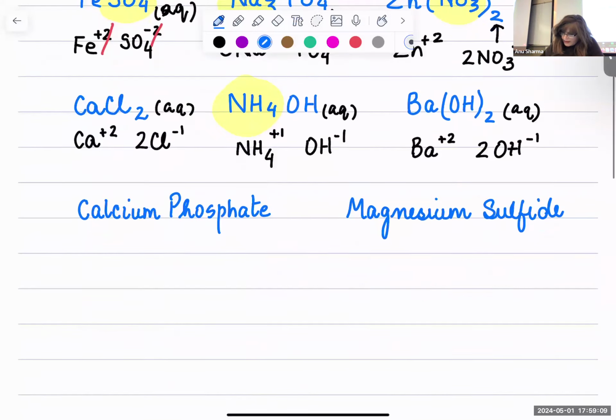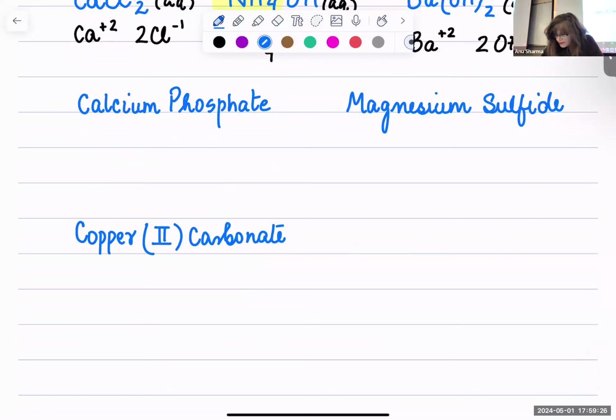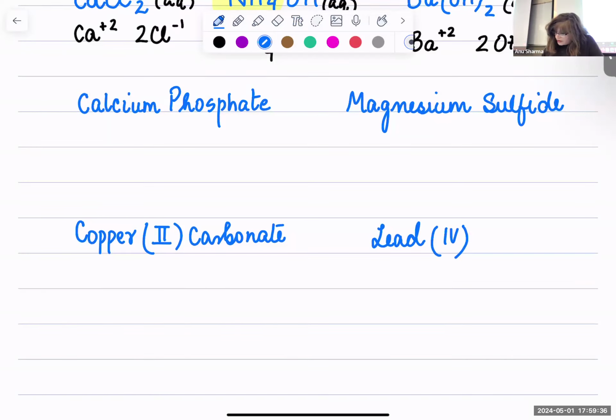And then comes copper 2 carbonate. And then this one is lead 4 chlorate.